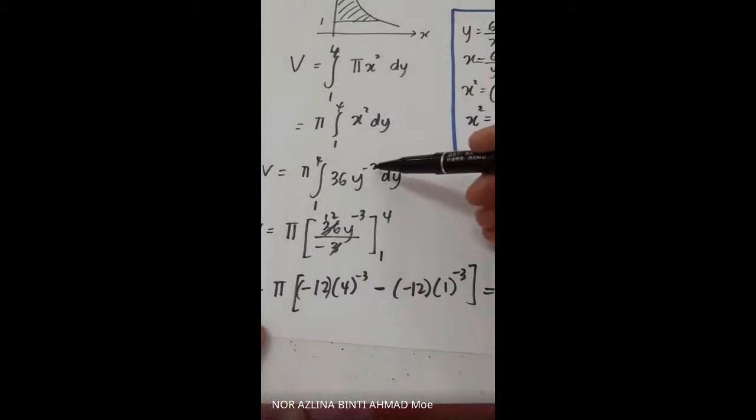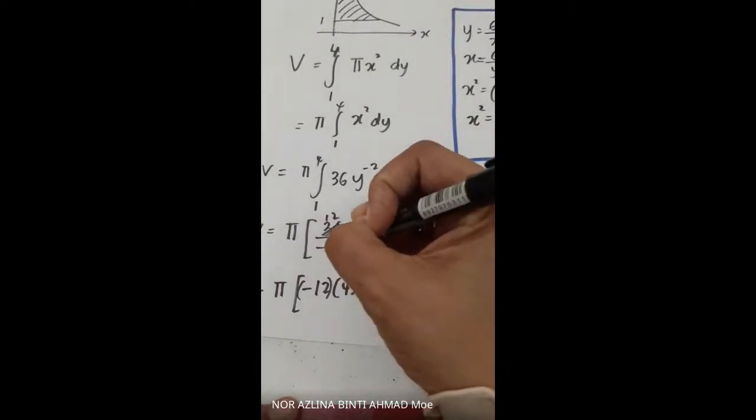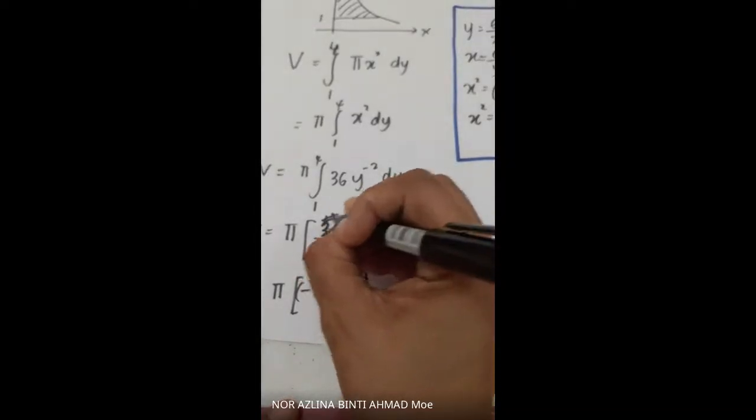Negative 2. Negative 2 plus 1. Bukan tolak 1. Mesti tambah 1. Teacher, is negative 1, not negative 3. Yes, Samrin, thank you. This is negative 1. And here must be negative 1. And here negative 36, still negative 36.